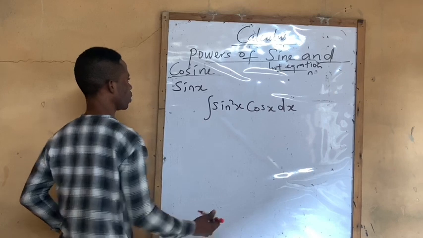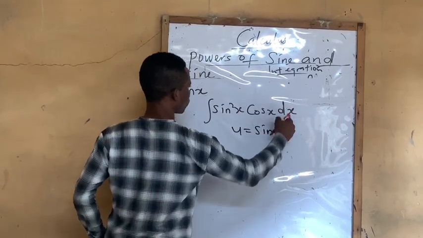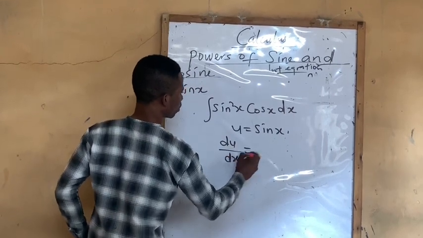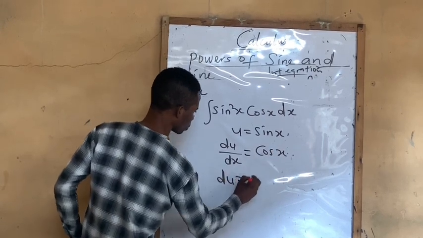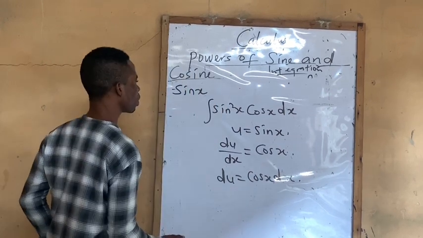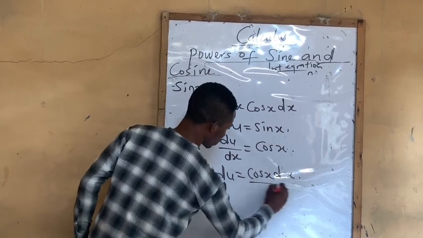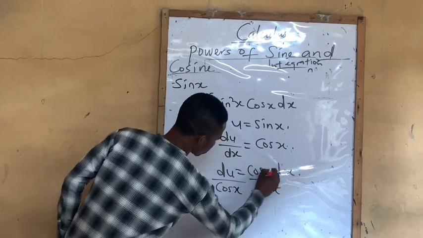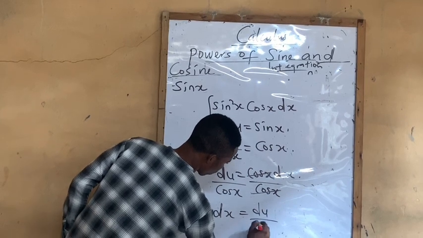So we represent this one by u. U equals sine x, because we are looking for dx. The du/dx of sine x is cos x. That means du equals cos x dx. We are looking for dx actually, so I say all over cos x. That means my dx equals du all over cos x.